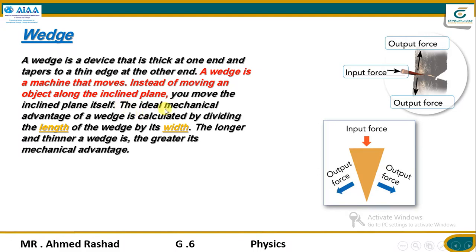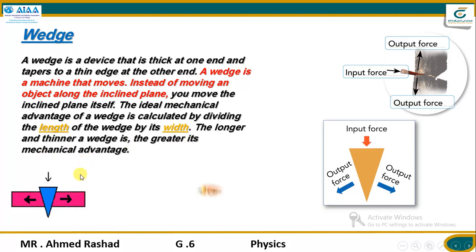So the ideal mechanical advantage of the wedge, to make a larger output force, is calculated by dividing the length of the wedge by its width. The longer and thinner a wedge is, the greater its mechanical advantage.